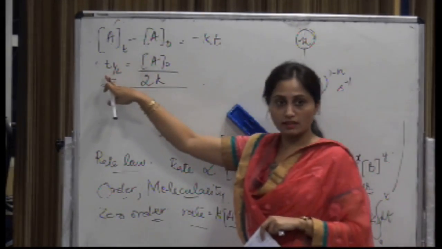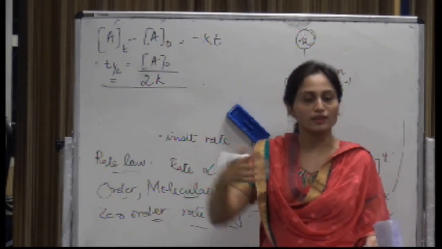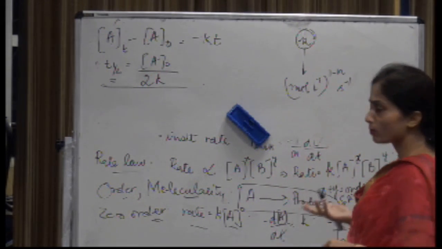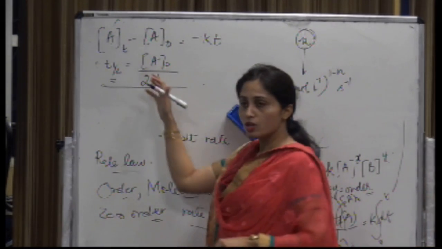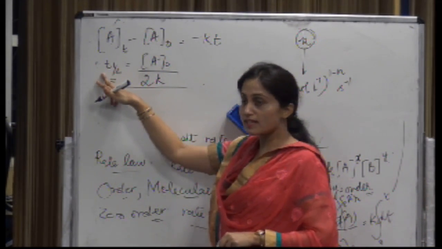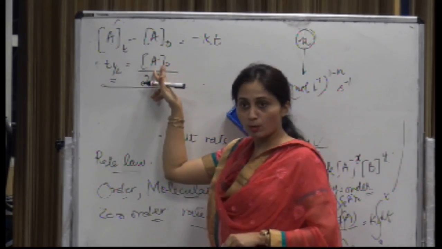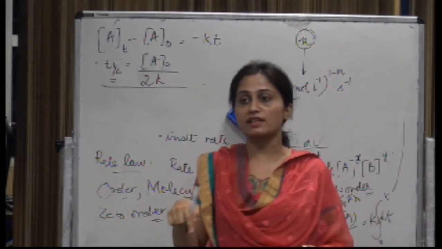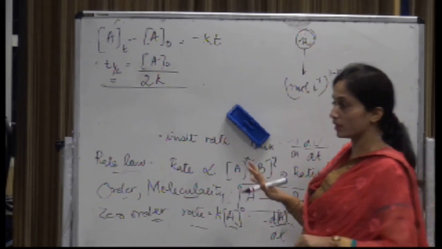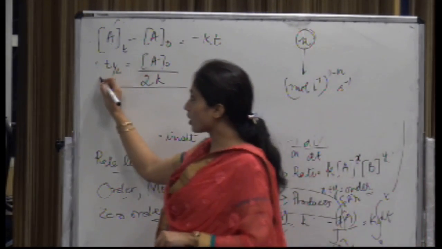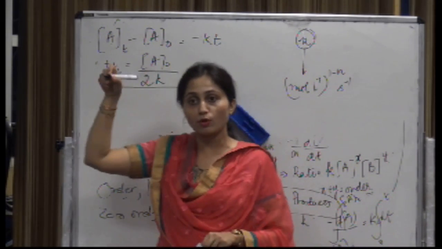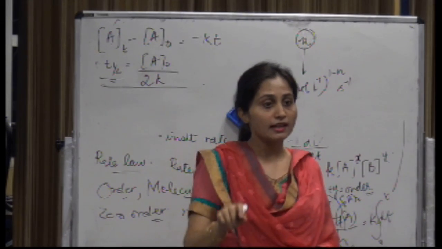So here you see R0, if you take the reactant to be R, because generally in your books it is referred to as R, in some of the books it is referred to as A. So the half-life time is directly proportional to the initial concentration of the reactant. That is what is to be remembered. That means your half-life time is dependent upon the initial concentration of the reactant.